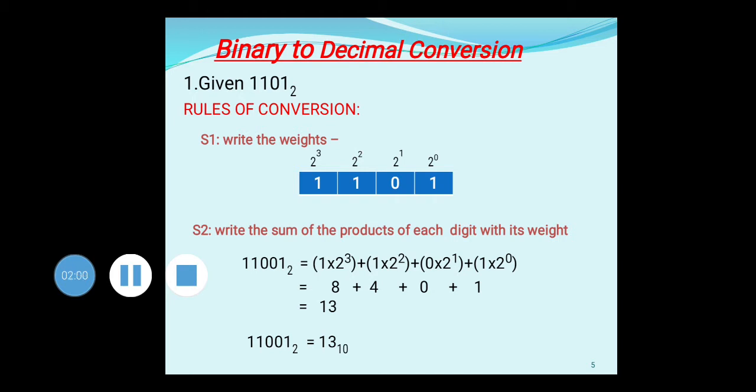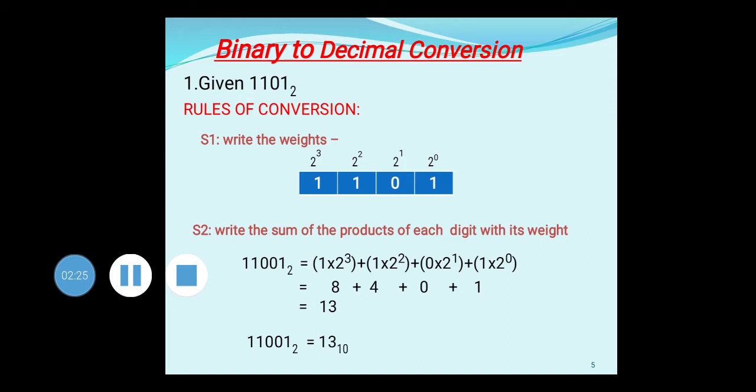So the MSB bit is 1 here, so I have written 1 into 2 raised to 3. Here the binary bit's weight is 2 raised to 3. You are going to multiply 1 into 2 raised to 3, and then before multiplying the next number with its weight you are going to add it.